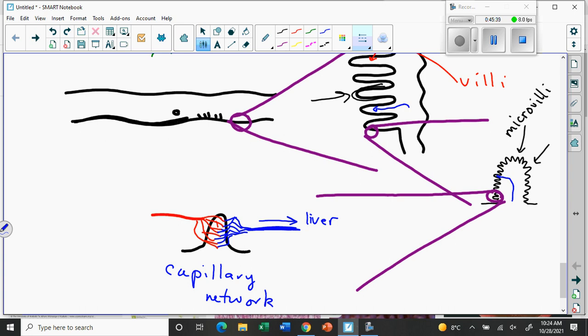And what the liver will then do is extract some of the toxic things, and it will detoxify them. It'll break them down with its own special enzymes. So that's how we protect ourselves from things that are dangerous when we eat them. The liver will filter out the blood before we send it off with all its nutrients, because there might be a few things in there we don't want. So that's just sort of an aside that happens.